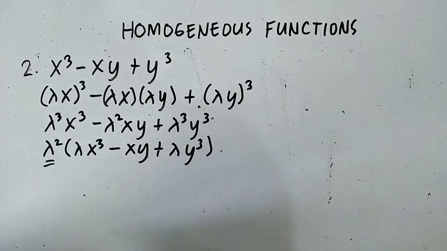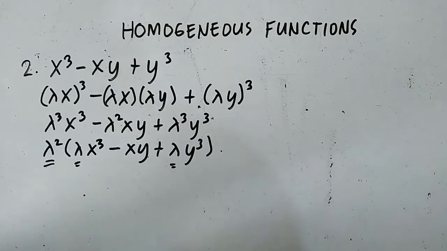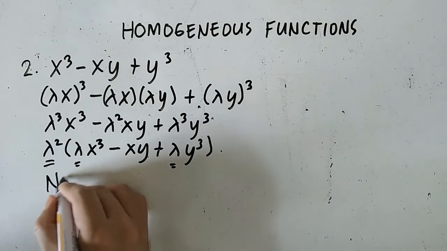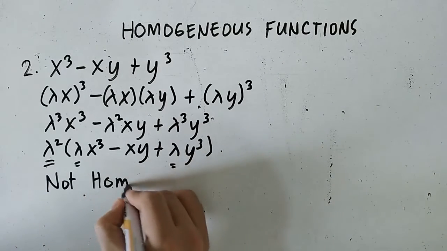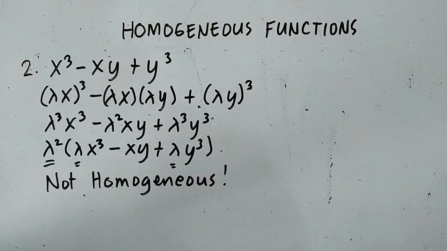We have factored out lambda squared, but we cannot factor out all the lambda inside. So this function is not homogeneous. And since it's not homogeneous, we do not have to place a degree.